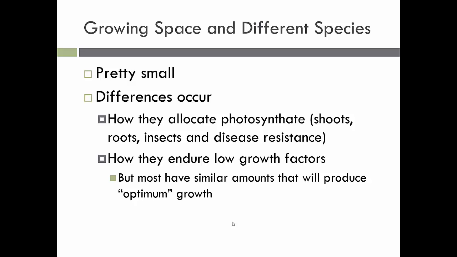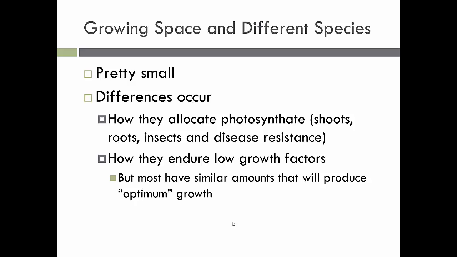They need carbon dioxide, they need oxygen, they need nutrients. But there are differences, pretty small, in how they use those nutrients. Where these differences occur is how they allocate photosynthate. Do they allocate more to the shoots, to the roots, to insect and disease resistance? The differences also occur in how they endure low growth factors, but most have similar amounts that will produce optimum growth.